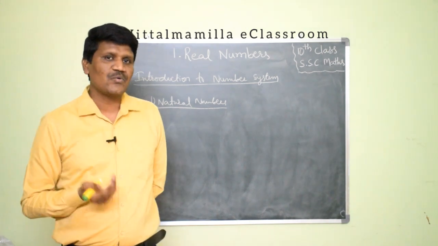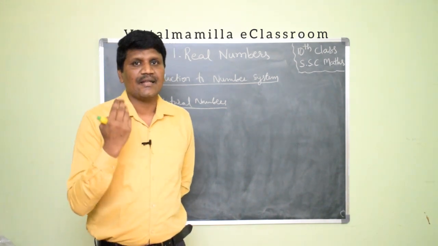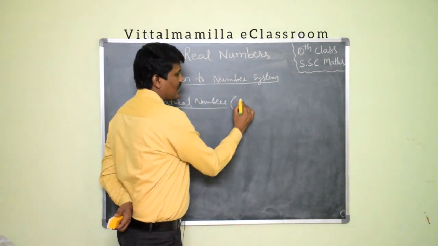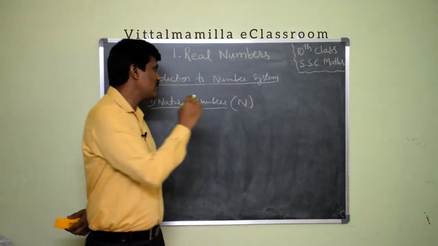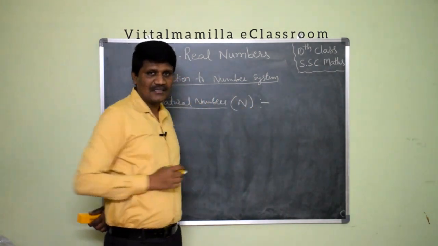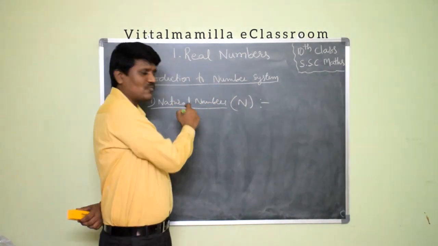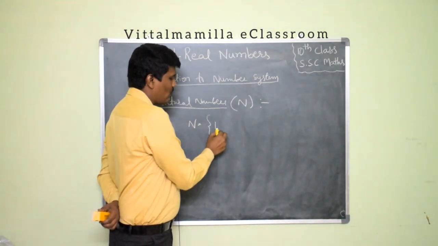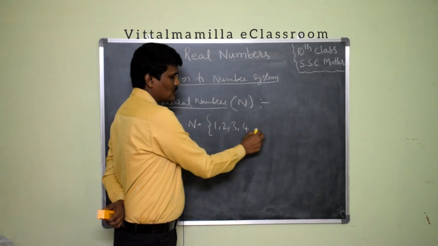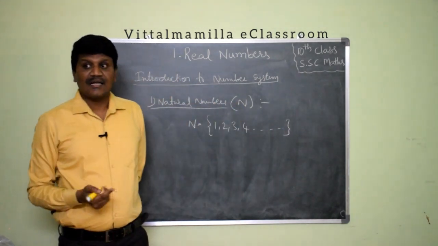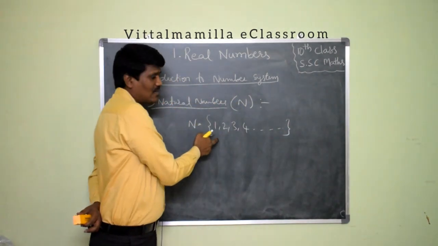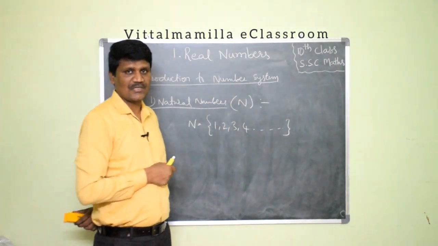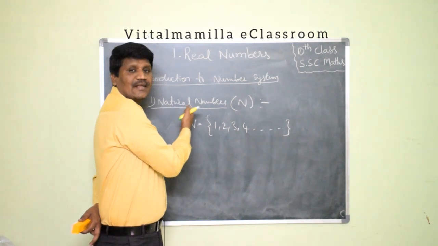So all these countable numbers are called natural numbers, and we denote natural numbers by capital N. N is equal to 1, 2, 3, 4 and so on. The least natural number is 1 and the highest natural number we cannot say, it goes on continuously. This is about natural numbers.